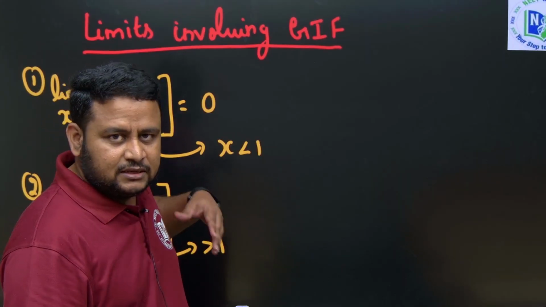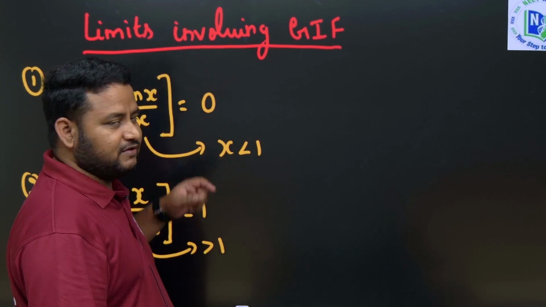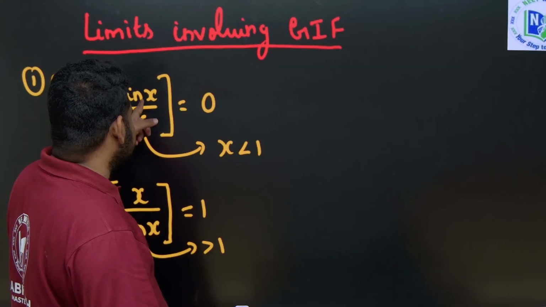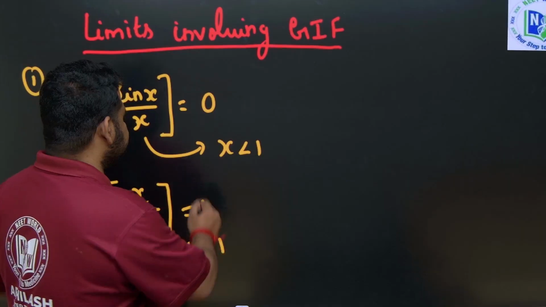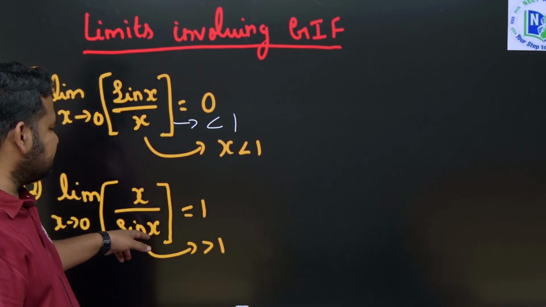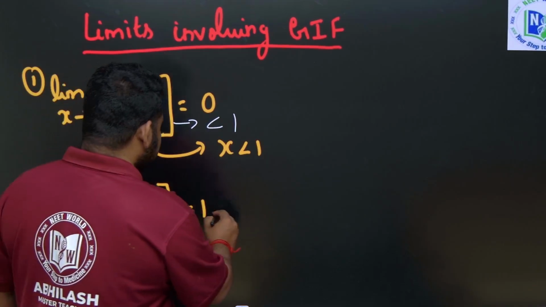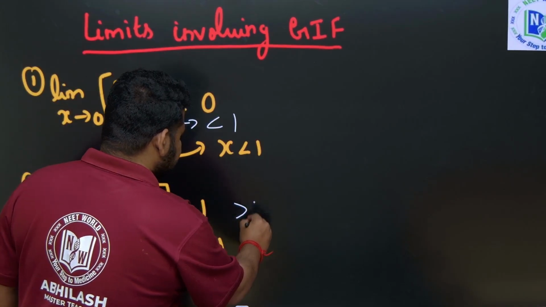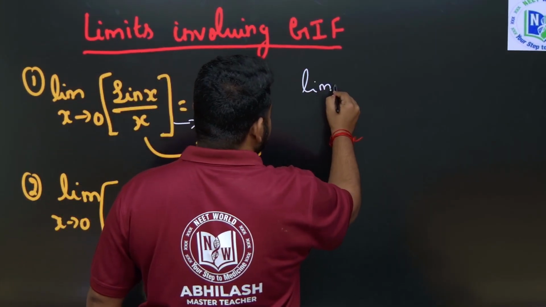But in actual terms, this value, sin x by x, is less than 1. And x by sin x is also equal to 1 in the limit, but in actual terms this value is greater than 1. See, I told you this, so don't get confused.